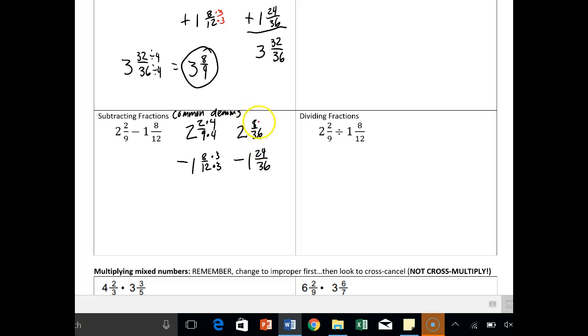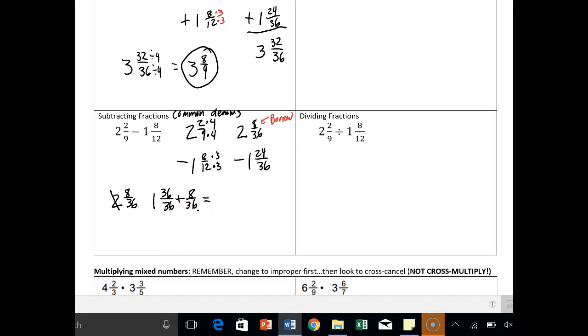And so here, because we have an 8 and 24, we need to borrow, right? So that's that weird kind of situation where we need to borrow. So I'm going to scoot this down over here. So we have 2 8 over 36. We're going to borrow 1 whole. So that becomes 1, and then I look at my denominator, and it's 36 over 36 plus 8 over 36.